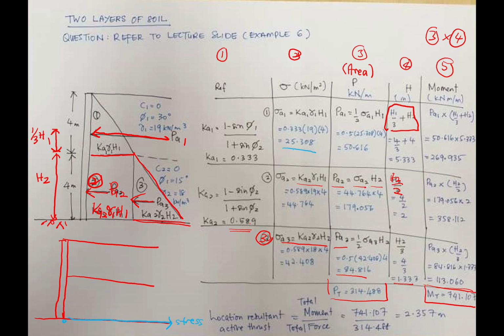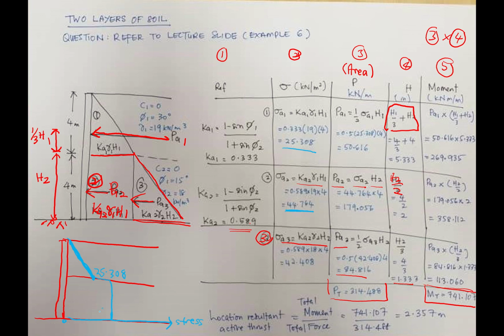For reference number 1, the stress value is 25.308. So I imagine this is the value of 25.308, and I take the triangular area. Now when you see reference number 2, the value is actually 44.764. So that one must be bigger than 25.308, which is why I redraw it like this.